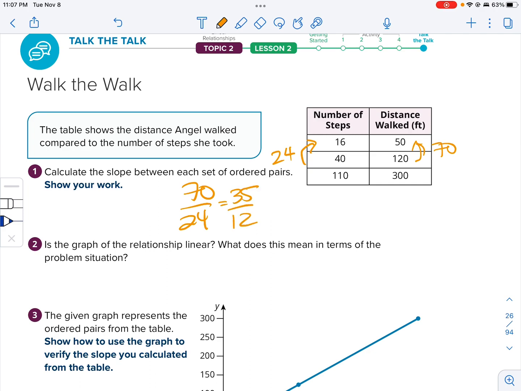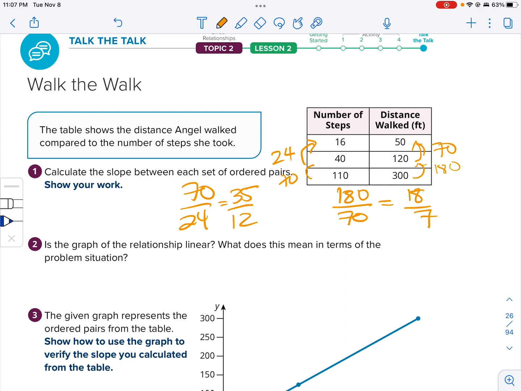Well, that's interesting. So if I subtract these, 300 minus 120 is going to get 180. And this, oh my gosh, seriously? 300 minus 120, 180. I got that. 110 minus 40 gets me 70. So 180 over 70 would get 18 over 7.